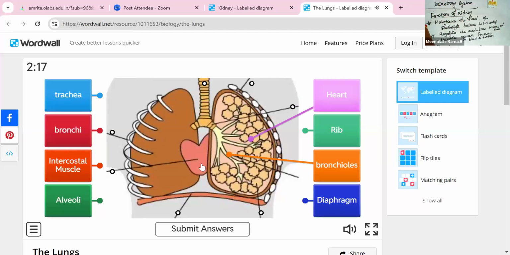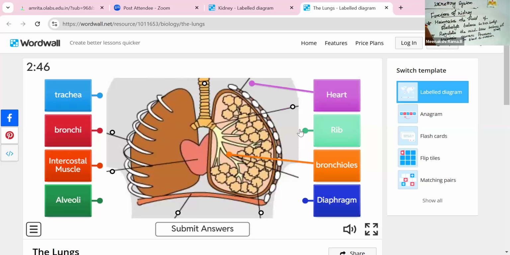Okay, I'm sure of the right part. Is this right or wrong?